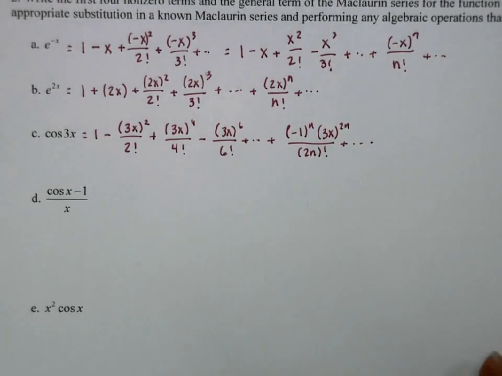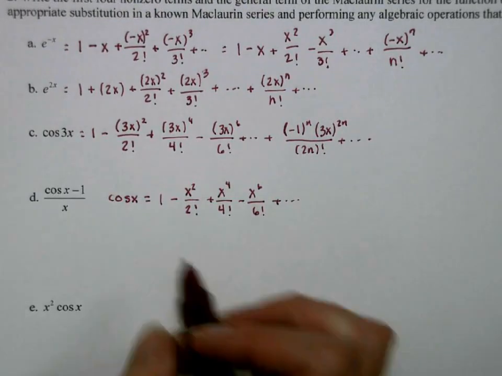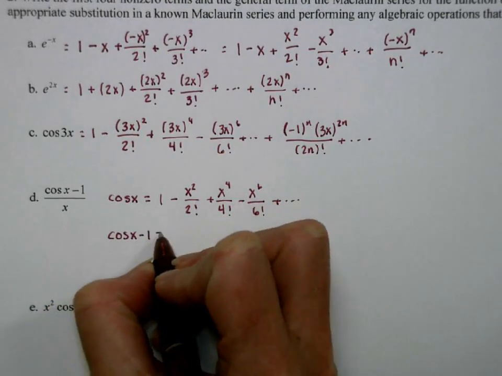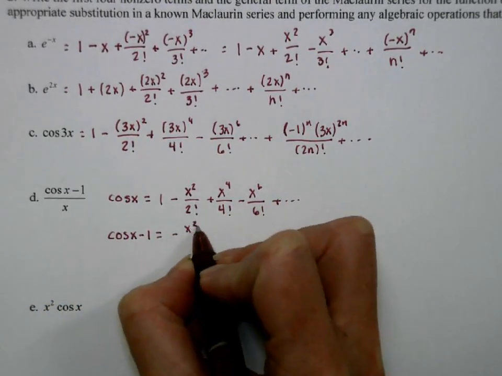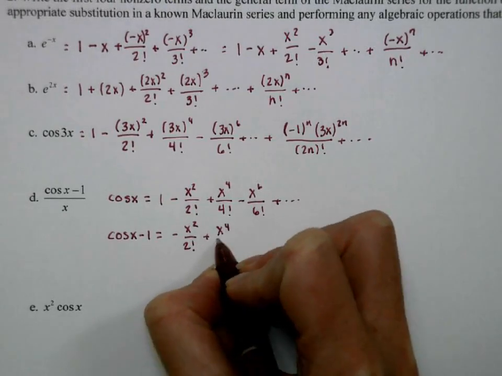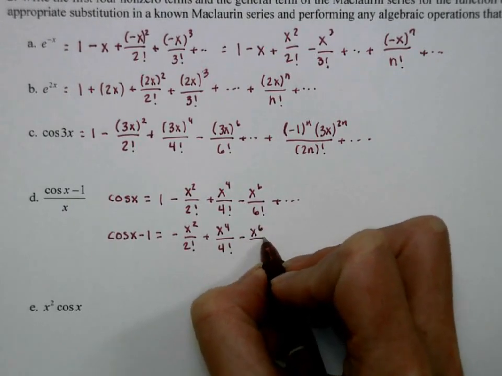Okay. For this next one, I'm going to build this series, starting with cosine. Okay, so we're going to write cosine. Then I'm going to subtract 1, which will leave on this side negative x squared over 2 factorial, x to the 4th over 4 factorial, x to the 6th over 6 factorial.